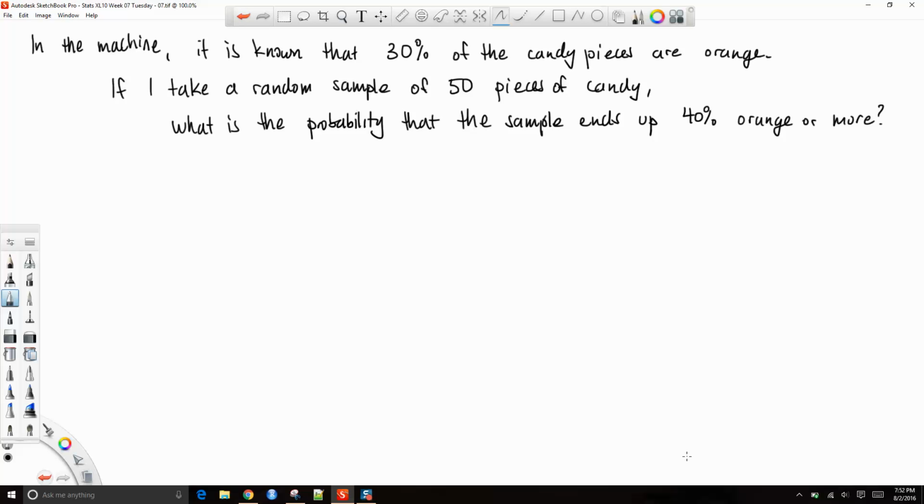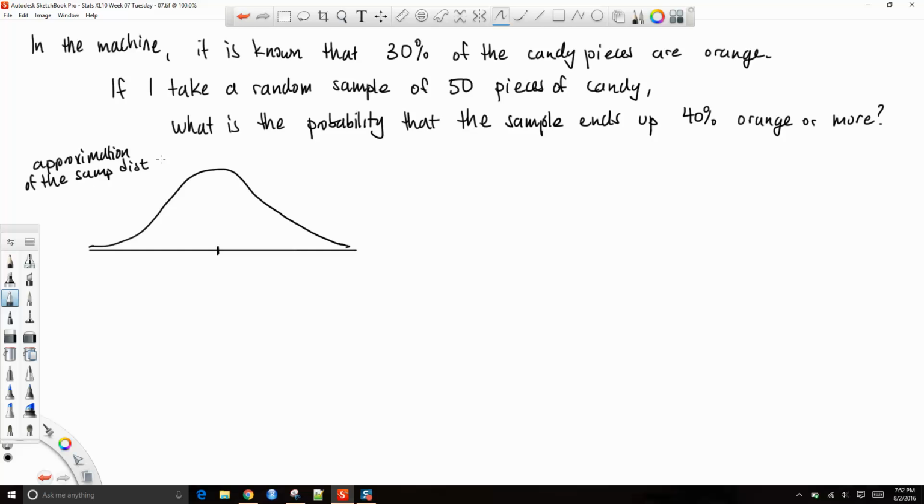Okay, I know some of you might look at this and think, how am I supposed to even get started? So the idea here is that we want to approximate our sampling distribution with the normal distribution. This is an approximation of the sampling distribution of p hat.